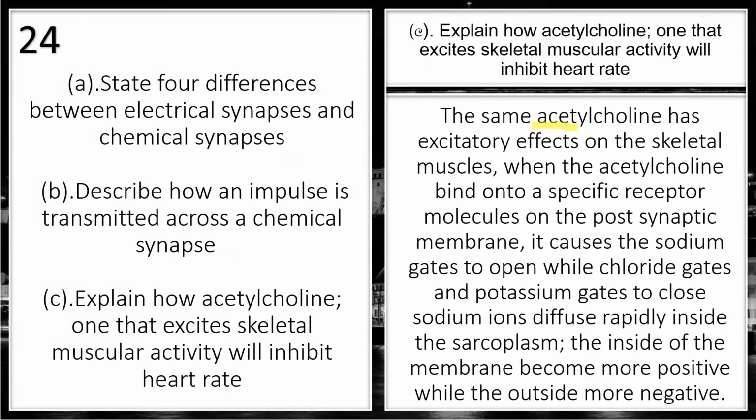The same acetylcholine has excitatory effect on the skeletal muscles. When the acetylcholine binds onto the specific receptor molecules on the postsynaptic membrane, it causes the sodium gates to open, while the chloride gates and potassium gates close.